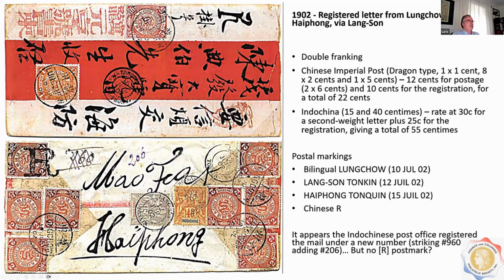So 56 letters registered on the Chinese side, and 84 in Longson in the same period. That might seem a little bit acceptable, something you might expect. And so 55 centimes on the Chinese side: twice 15 centimes for postage, and then 25 centimes for registration. Nothing really too weird here.